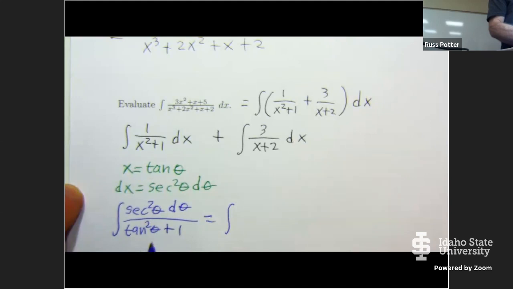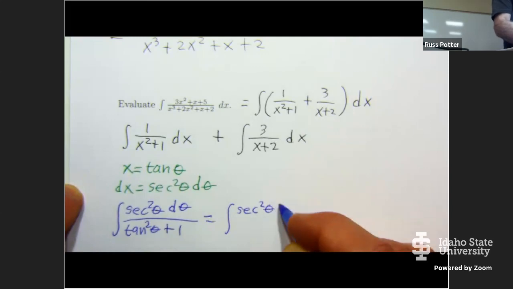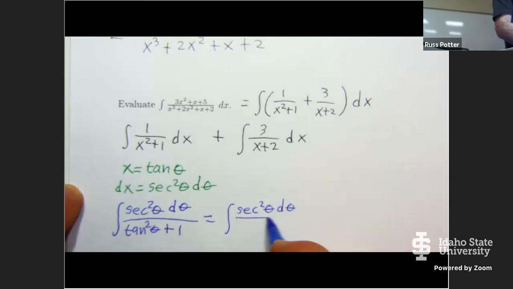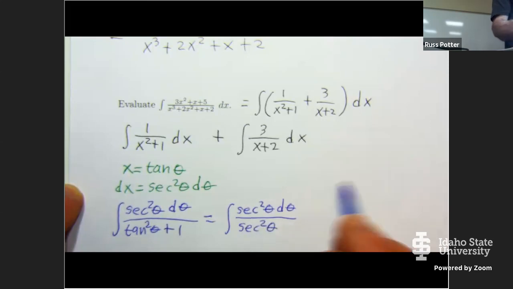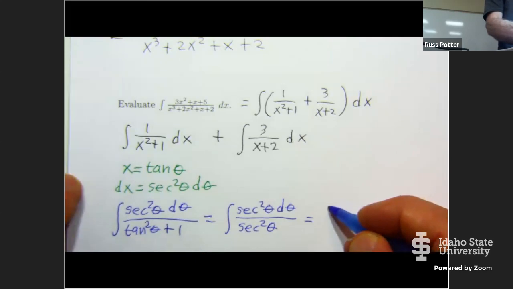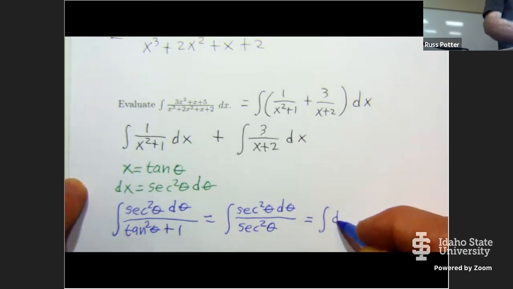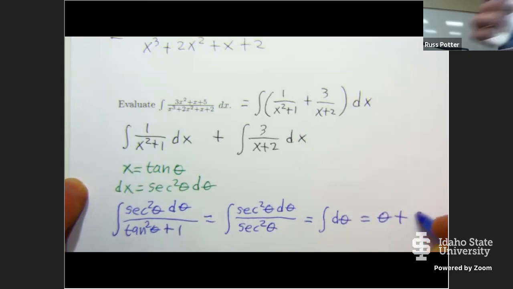Tangent of theta squared plus 1 is secant of theta squared. So in the numerator, we have secant of theta squared d theta. In the denominator, we have secant of theta squared. So secant of theta squared divided by itself is 1. So we just get the indefinite integral of d theta, which is theta plus the constant.